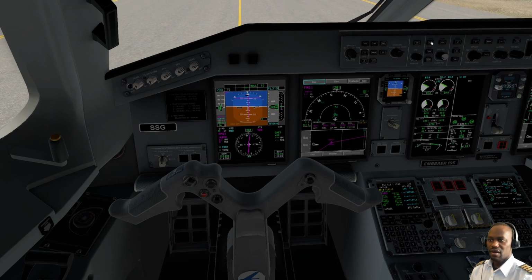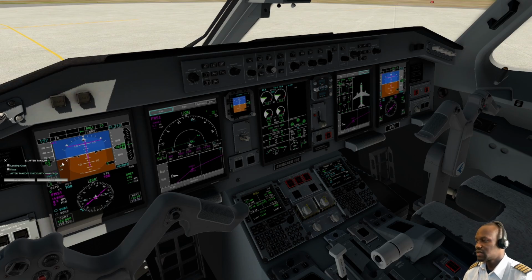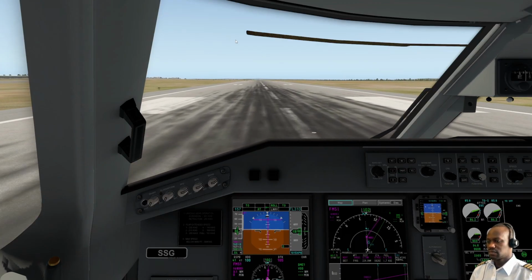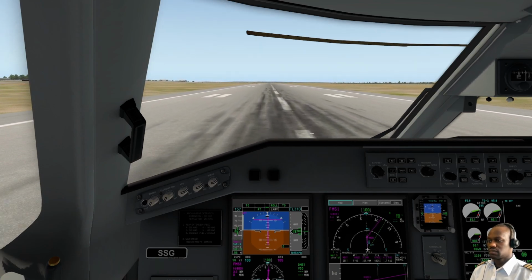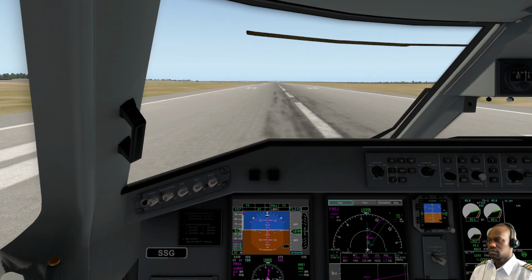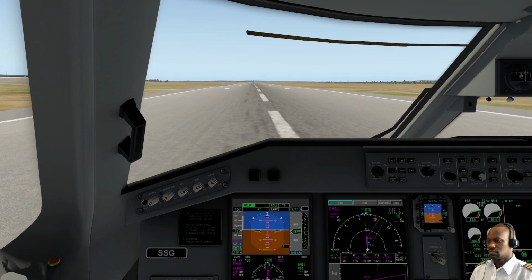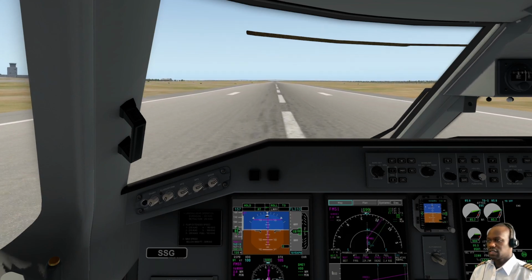Thereafter LNAV. Sterile cockpit check, before takeoff checklist completes. 80 knots. 80 knots checked.